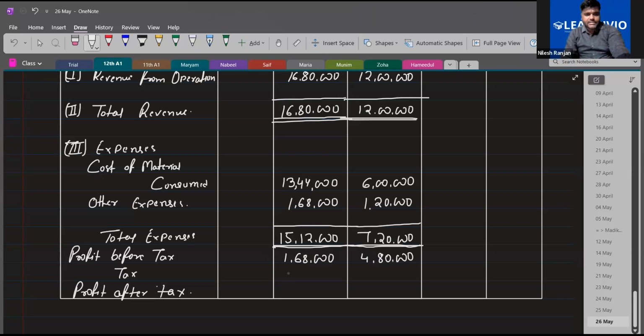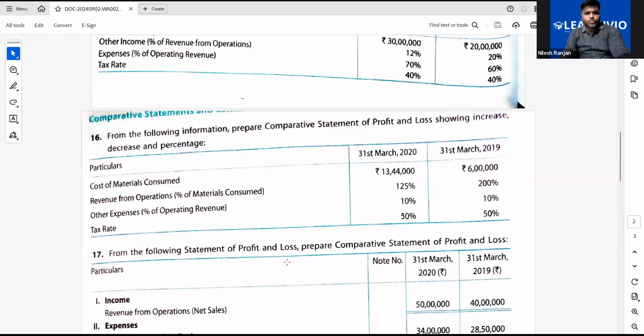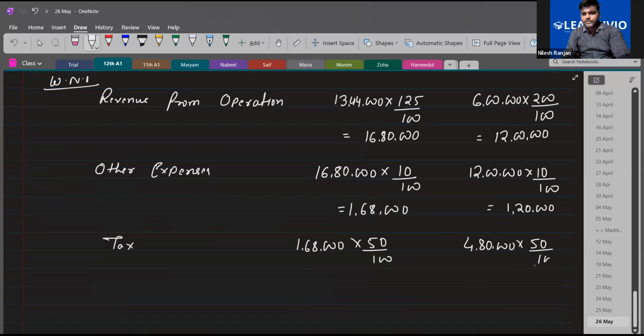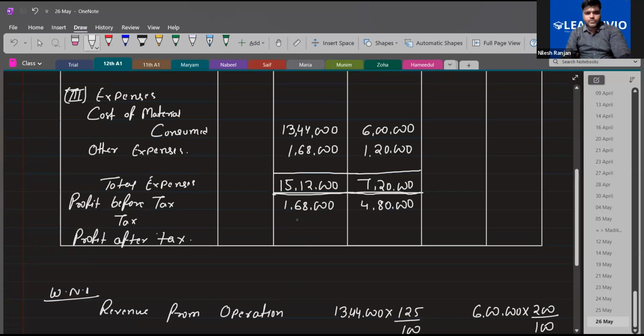Now tax is 50% in both years. So 1,68,000 into 50% and 4,80,000 into 50% gives 84,000 and 2,40,000.